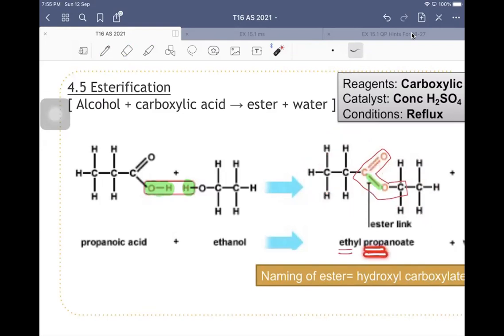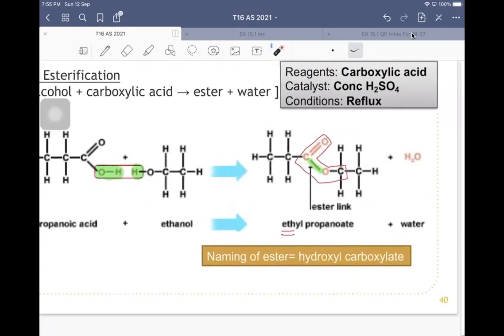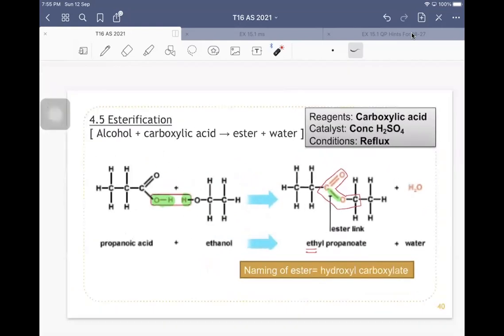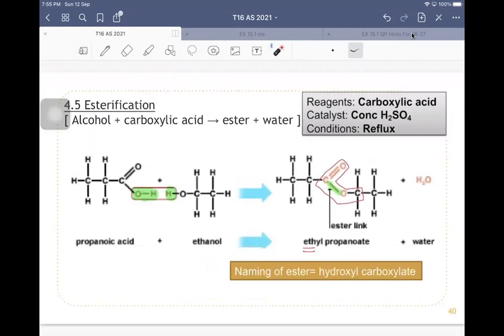Prop stands for 3 carbons. So the naming of esters is usually the alkyl carboxylate, where the alkyl is the alcohol part of your ester. If you want to copy this down, you can pause the video here.